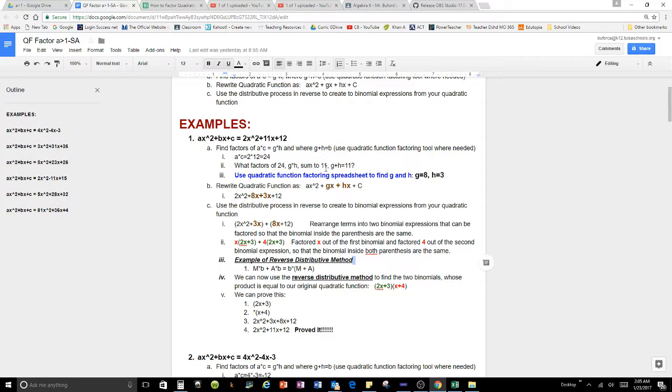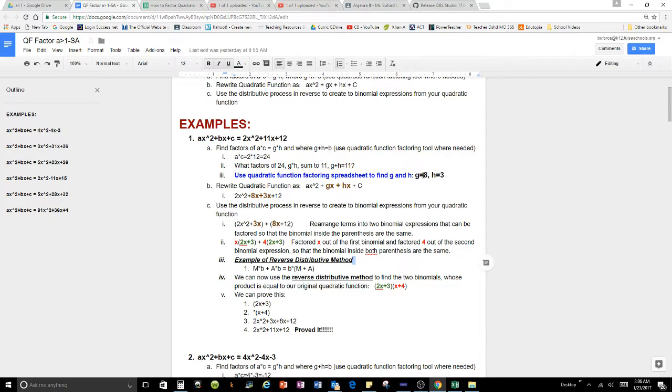That's something you probably could have done in your head. You know, what is the product of two numbers that would give you 24, and the sum of those numbers would give you 11. Later on we'll have some much larger numbers, but in this example you probably could have done that in your head. But again, these are the numbers, G equals 8 and H equals 3.